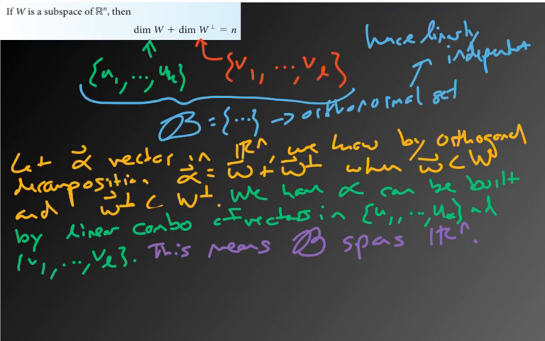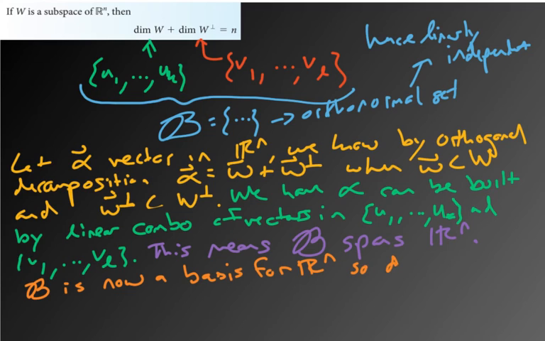And so if you put together what we talked about in this video and what we talked about in the last video, basically we've done it. So we have that this set B is now a basis for Rn.